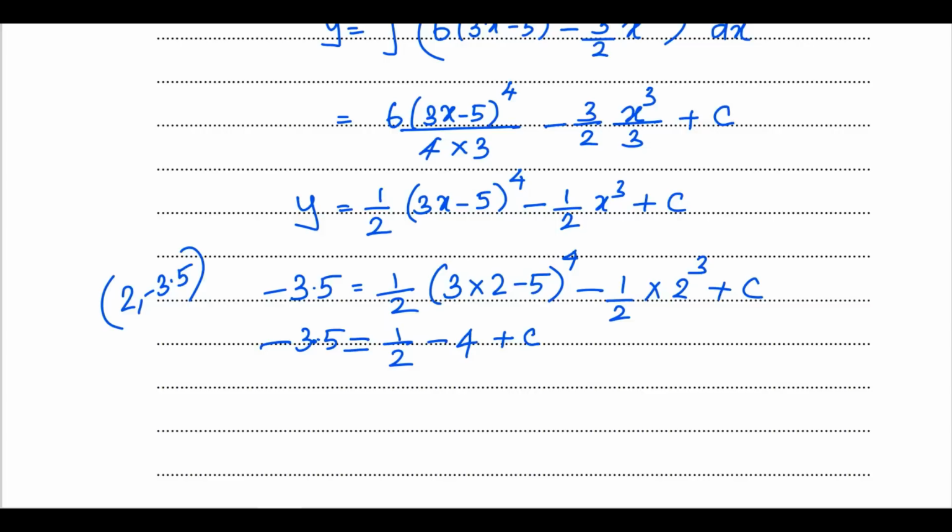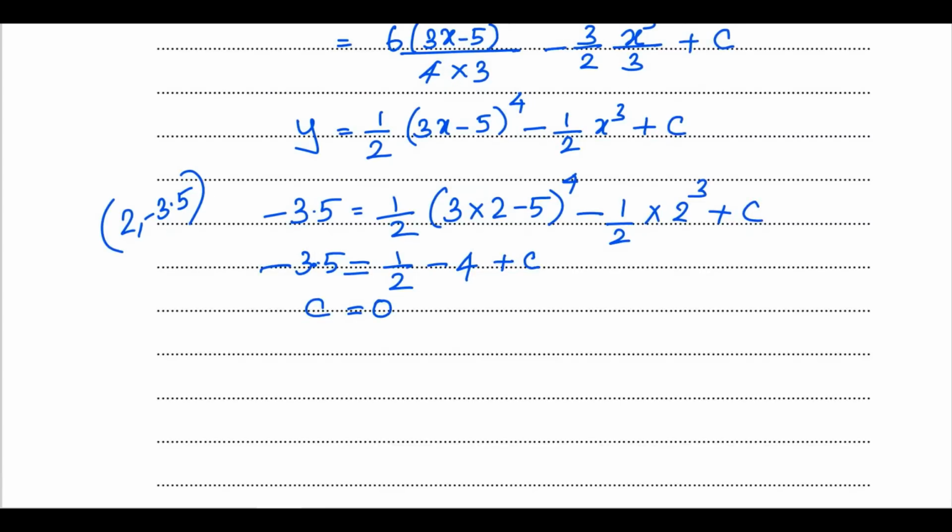When it goes to the other side, it will become positive. So both get cancelled. So C is equal to 0. So y is equal to 1 over 2 (3x − 5) the whole power 4 minus 1 over 2 x cube.